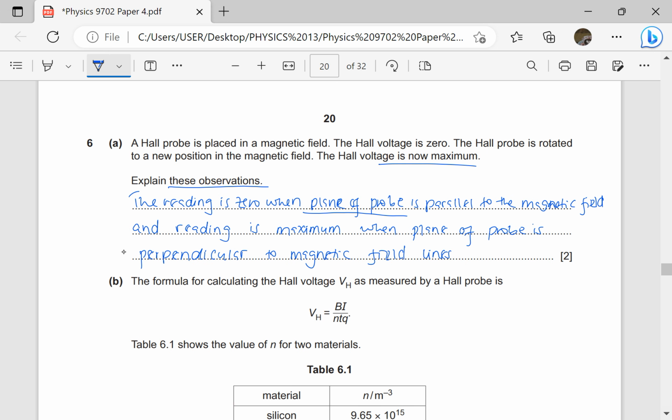Let me add lines there. Here the reading is maximum when the plane of the probe is perpendicular to the magnetic field lines.